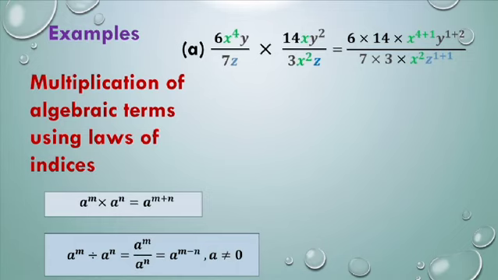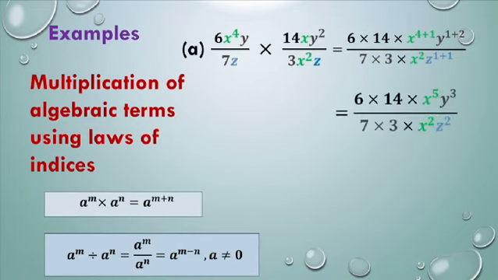The y's, y times y square, I have written as y to the power of 1 plus 2. The whole of it divided by 7 times 3 times x square. Z, I have z here and z here, so it's going to be z to the power of 1 plus 1. Simplifying, I get x to the power of 5, y to the power of 3 over z to the power of 2. I have added the powers.